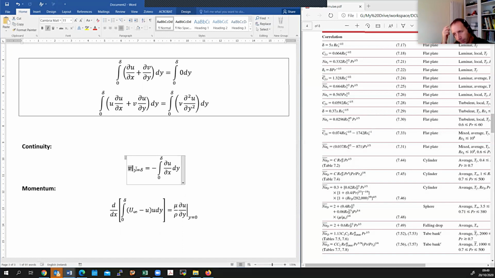At the same time, the momentum that you have in the boundary layer is less than what you would have if there was no boundary layer. If there was no boundary layer, when you integrate from 0 to delta, if you said the velocity is actually u infinite, you would have a certain transport of momentum.